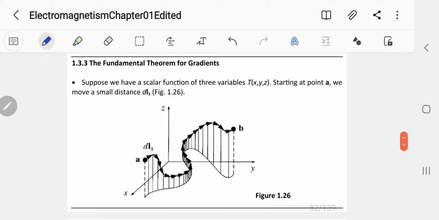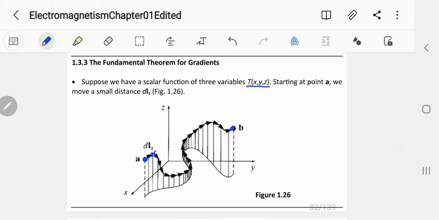Now we'll go to the fundamental theorem of gradients. In this case, in general, you have a function T of x, y, and z, and then you integrate it starting from point A to point B. You move a small distance dl, for example here, and then you can get the increment of that.